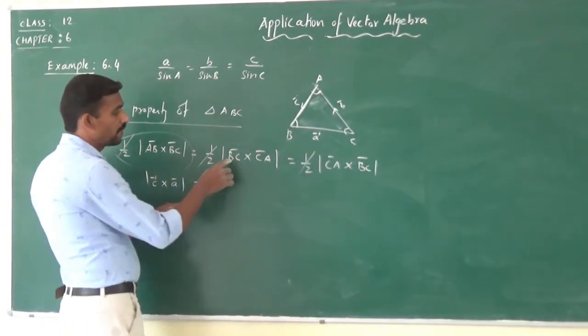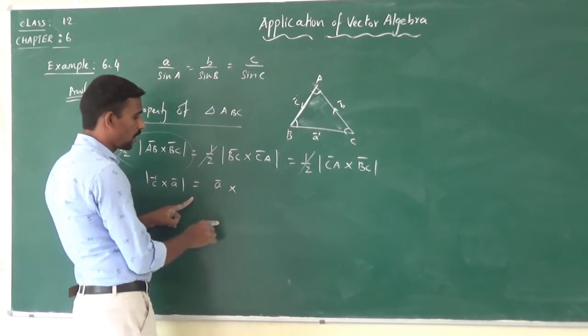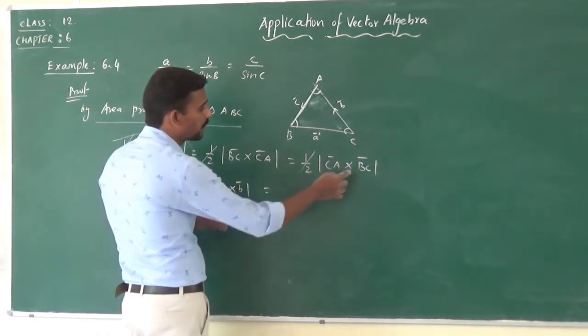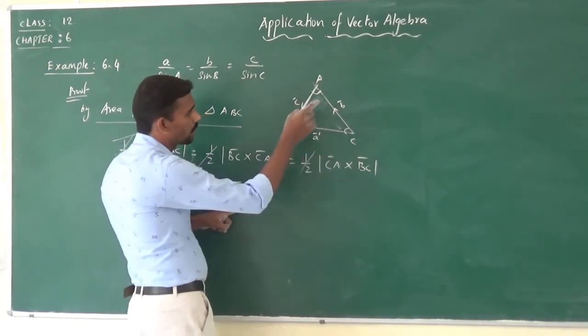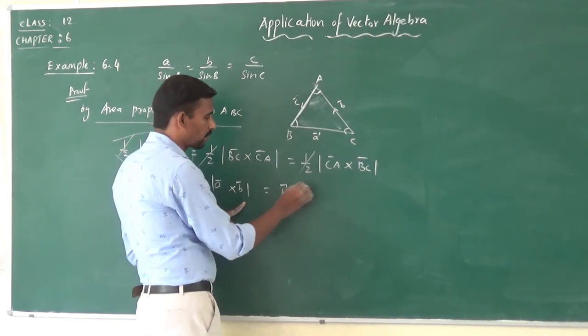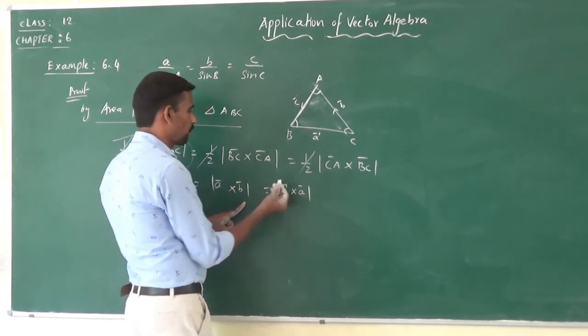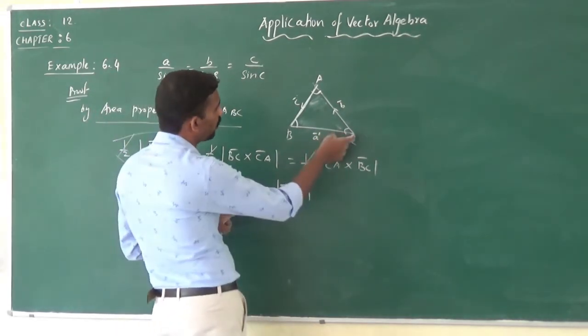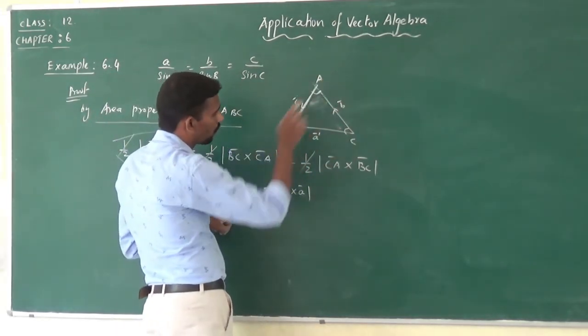Here BC is A vector, cross CA, which is B vector.